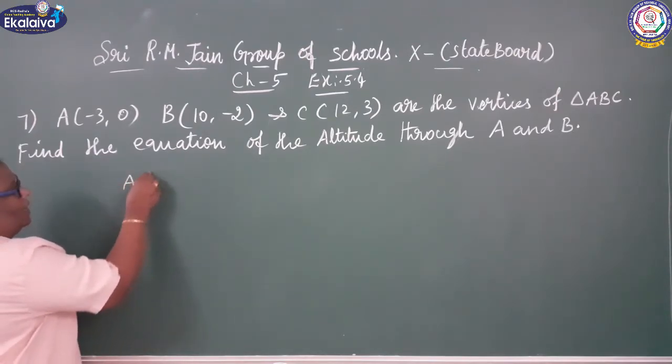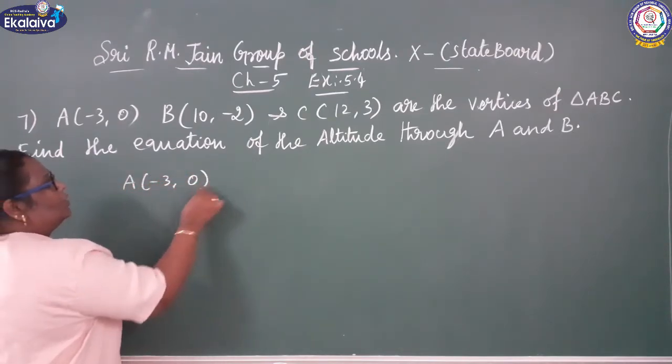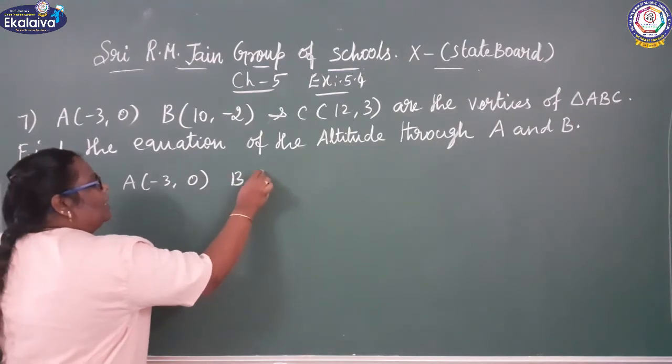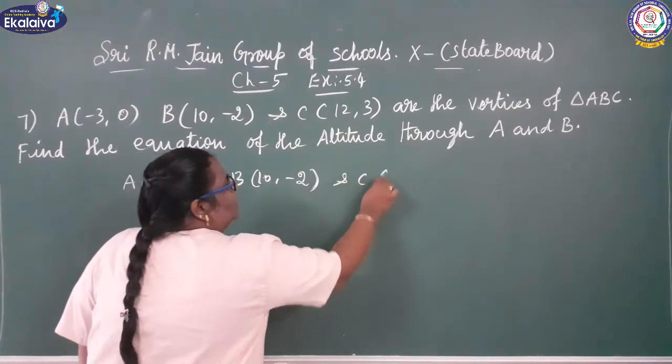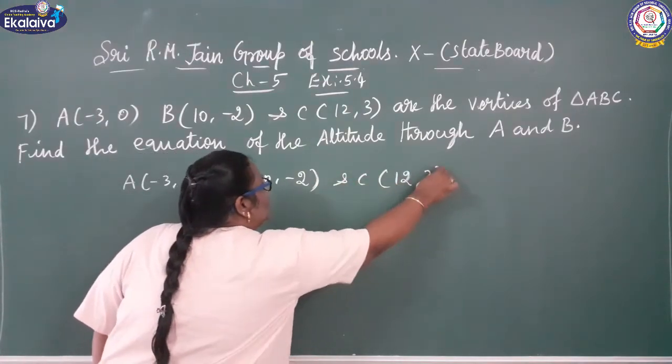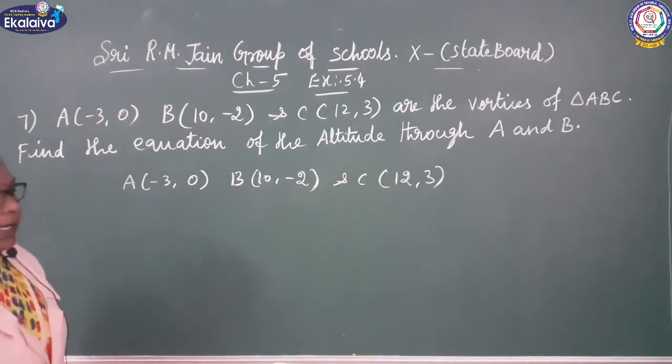See, A(-3, 0), B(10, -2) and C(12, 3) are the vertices of the triangle.